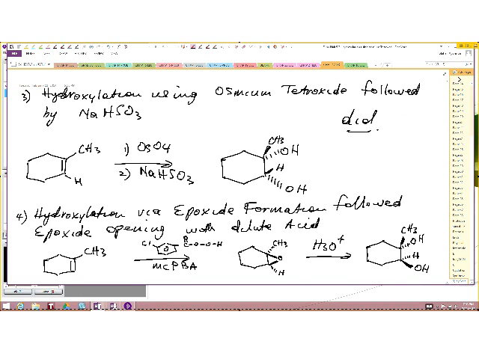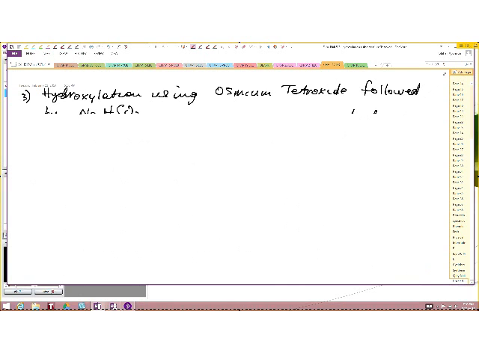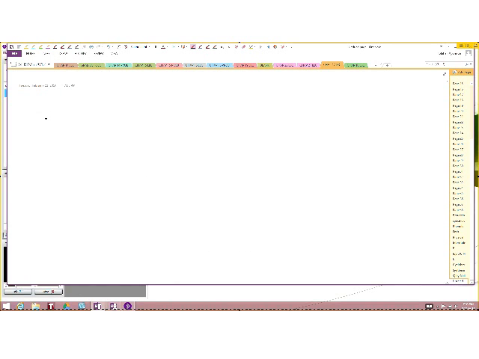ordinarily, the way we do this, if we simply just do this here, okay, step 1, m-chloroperbenzoic acid. Okay.